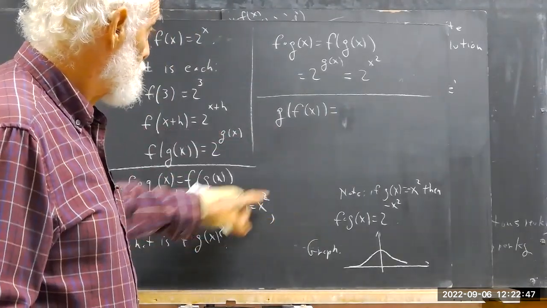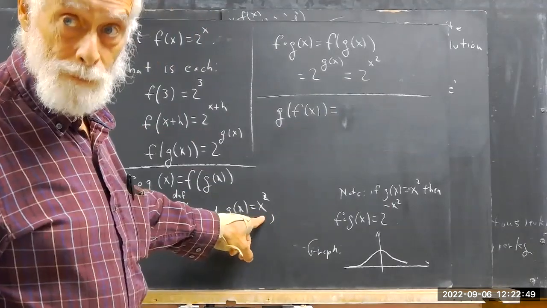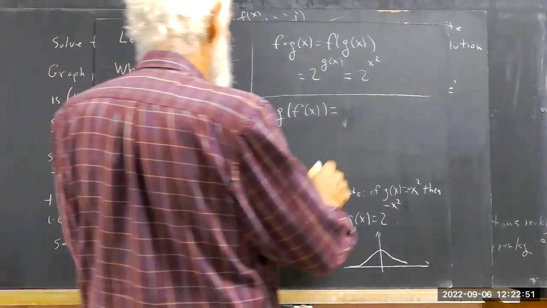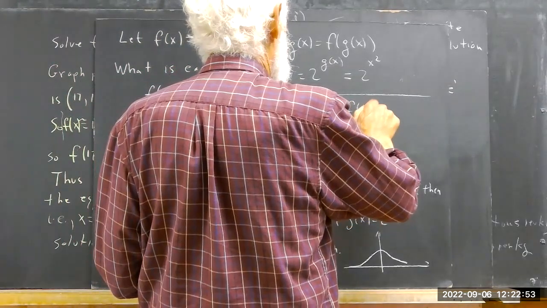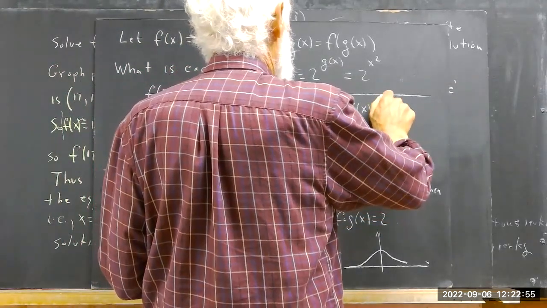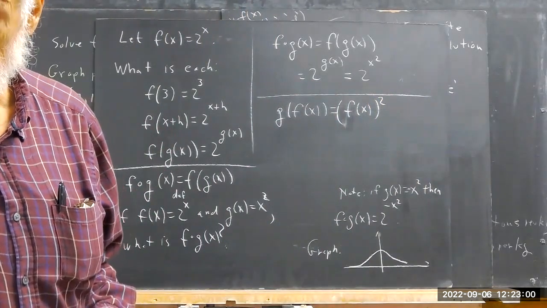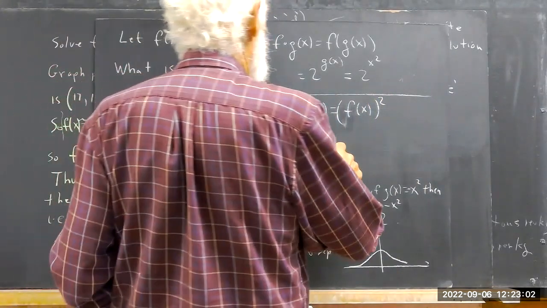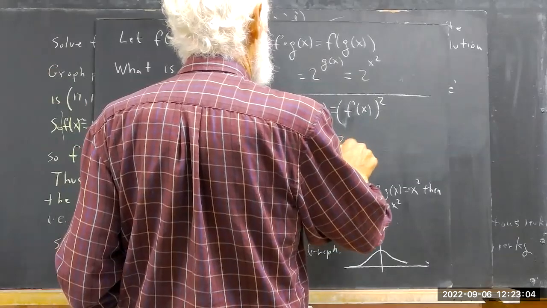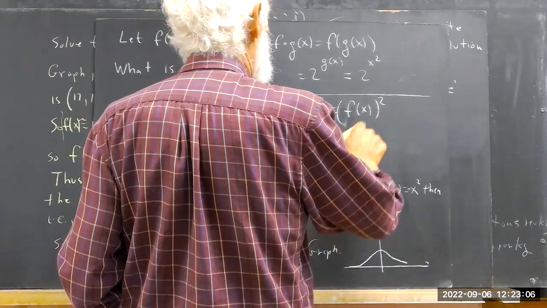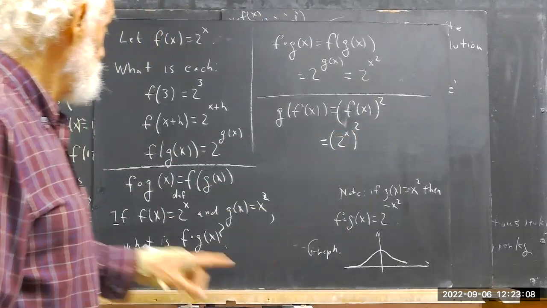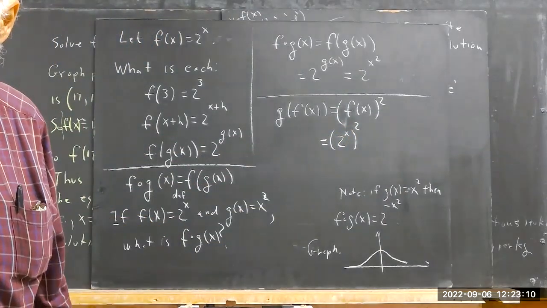If we replace x by f of x, then this x has to be replaced by f of x. So it's f of x squared. And of course, that equals 2 to the x squared, because f of x is 2 to the x.